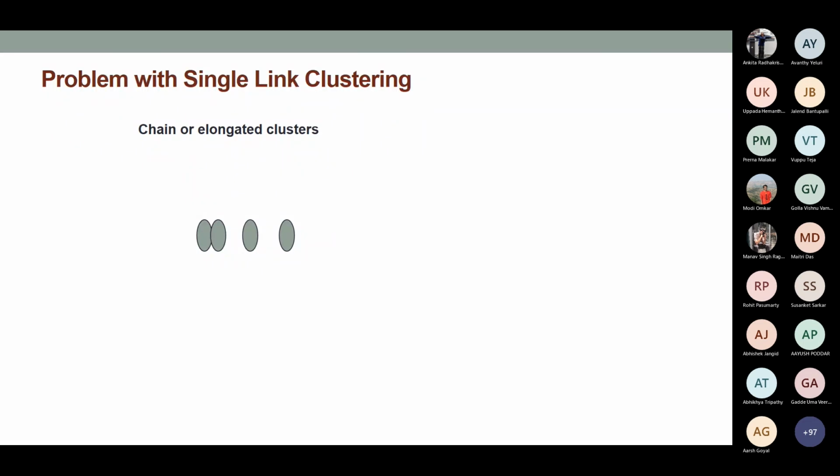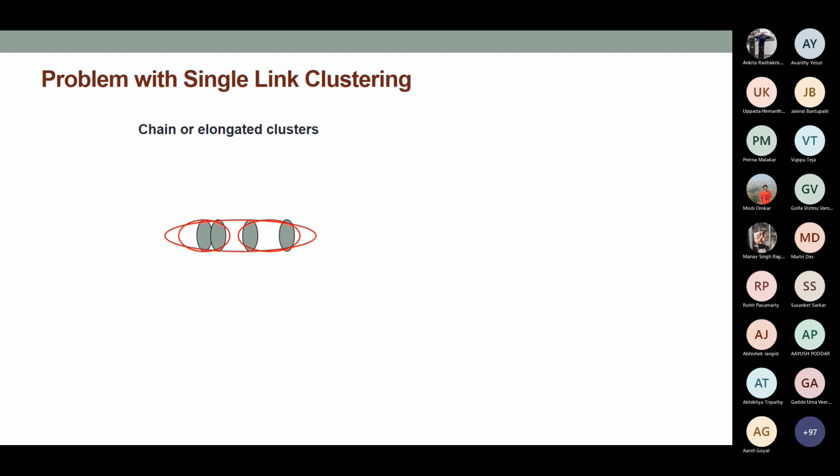Assume that you have 4 points, something like this, sitting there. If I apply the single linkage clustering algorithm, I'm going to merge these two first, then these two, then this, and so on.